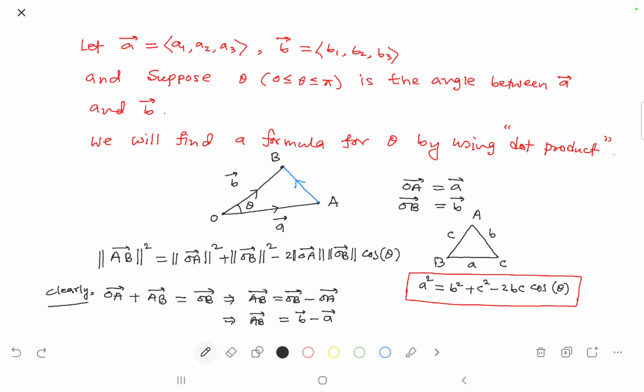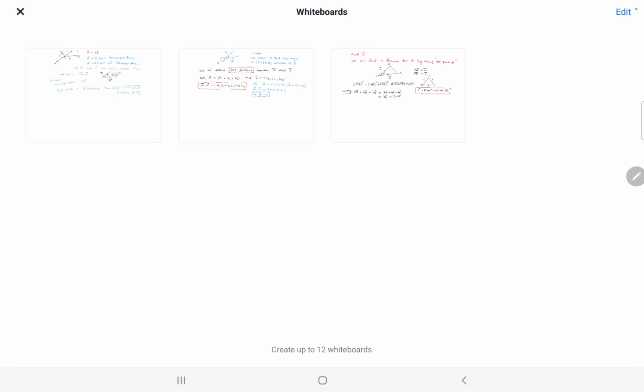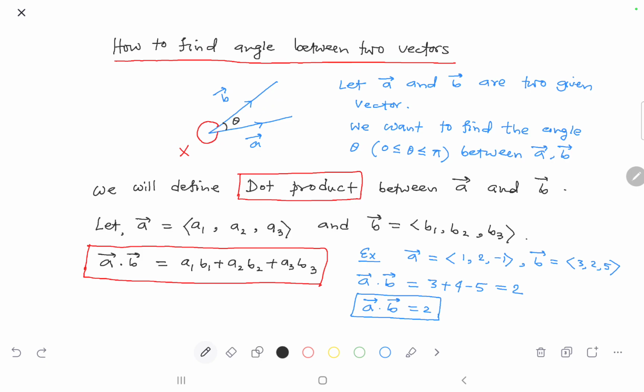Yeah, fine. Okay. Now let me go a little bit to the previous page where I defined the dot product. Look at this. If I put A dot A, then what happens? A dot A, from the definition you get A1 into A1 plus A2 into A2 plus A3 into A3.